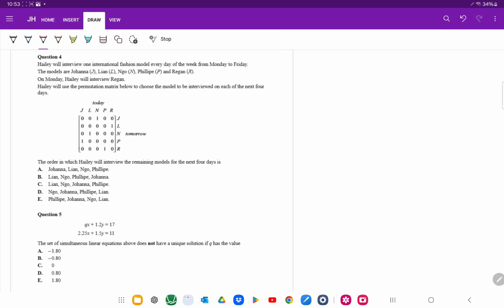Alright, for question 4, it's talking about how there's an interview process going on. It's almost like a chain reaction. It's asking us the order of the interviews. So, for example, if today you're interviewing N, tomorrow you'll be interviewing J. And if today you're interviewing J, tomorrow you're going to be interviewing P. And if tomorrow you're interviewing P, you're going to be interviewing R the following day.